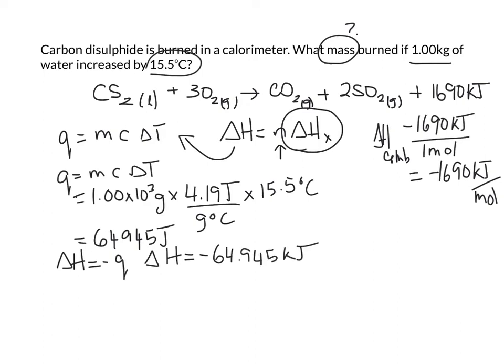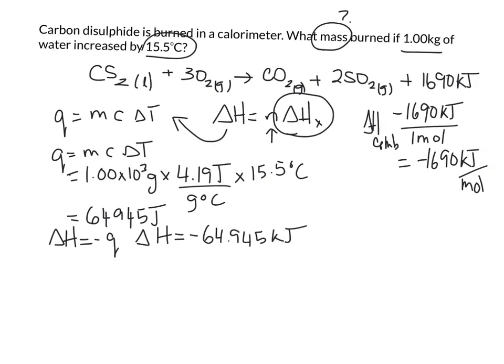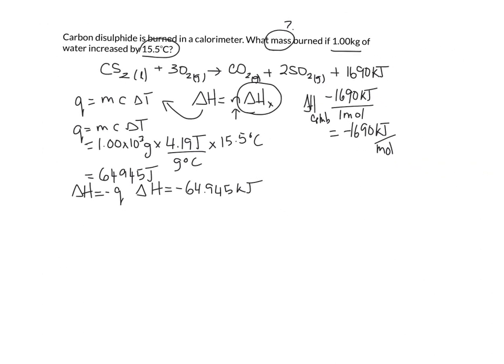I took the joules, divided by 1,000 to change to kilojoules. And we are off to the races. Now we have ΔH. We have ΔHx.